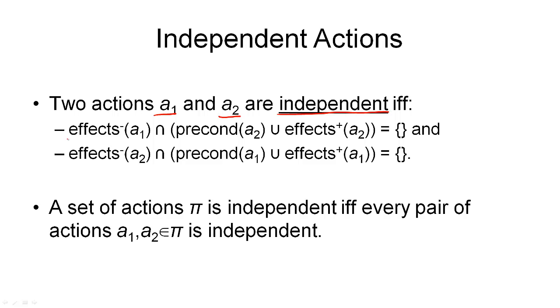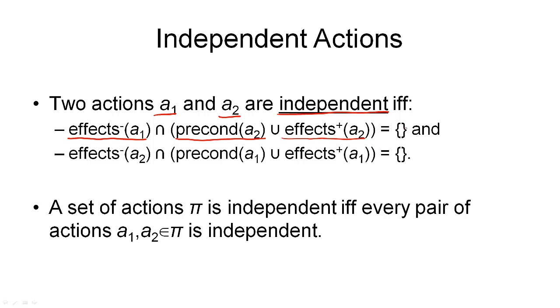So we've seen that the negative effects of one action may interfere with the preconditions of the other. So we have the negative effects of A1 intersected with the preconditions of the other, and that must be the empty set. And the same goes for the positive effects. So we have the negative effects intersected with the positive effects. That again must be the empty set.